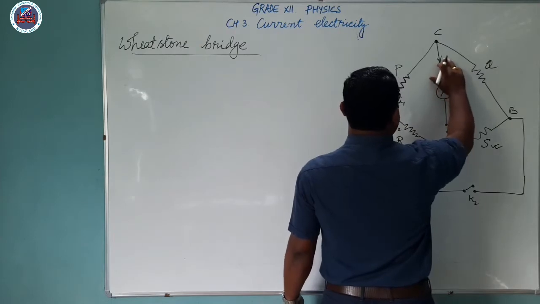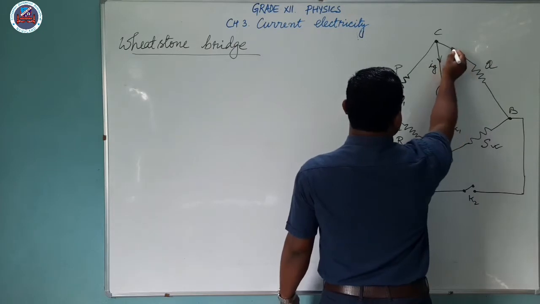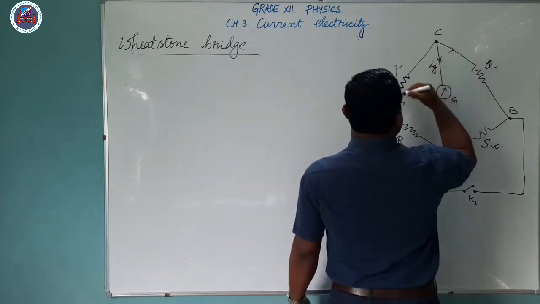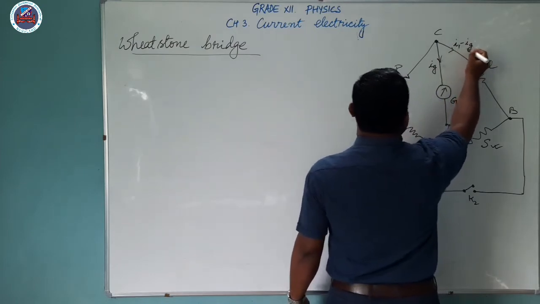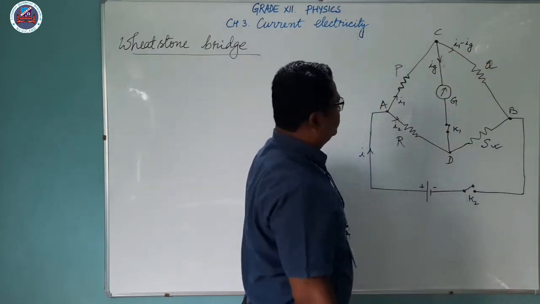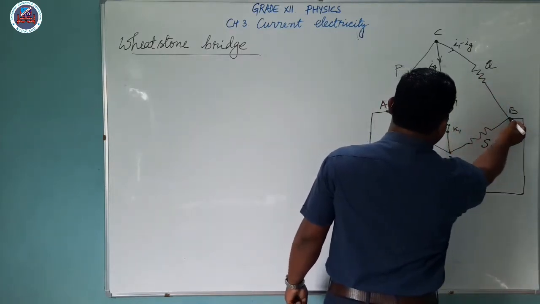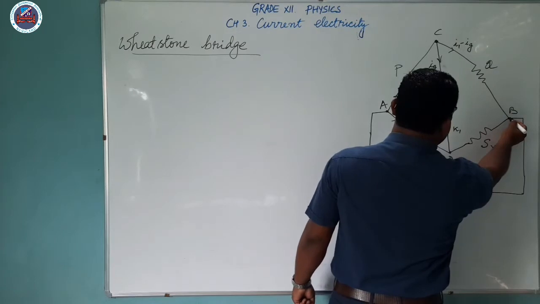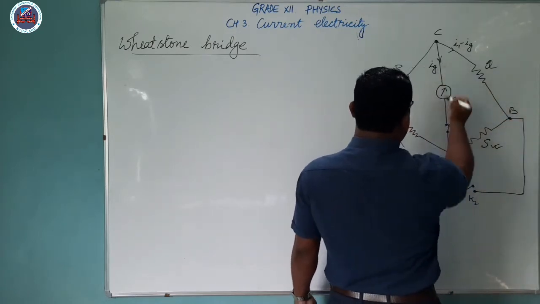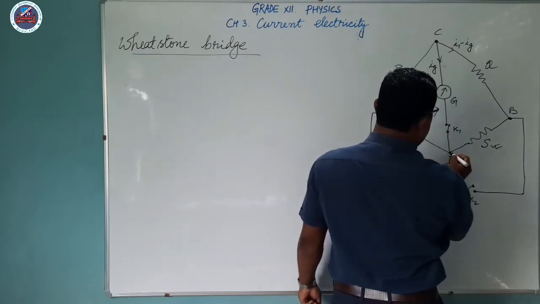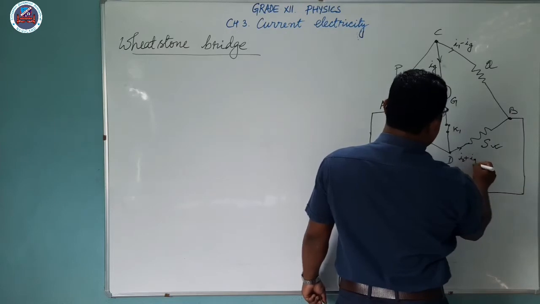One we call the galvanometer current, IG, and the other is I1 minus IG. Then it will come across this resistor Q and reach point B. As soon as it reaches B, you can see IG and I2 coming and meeting here, so it will be I2 plus IG.